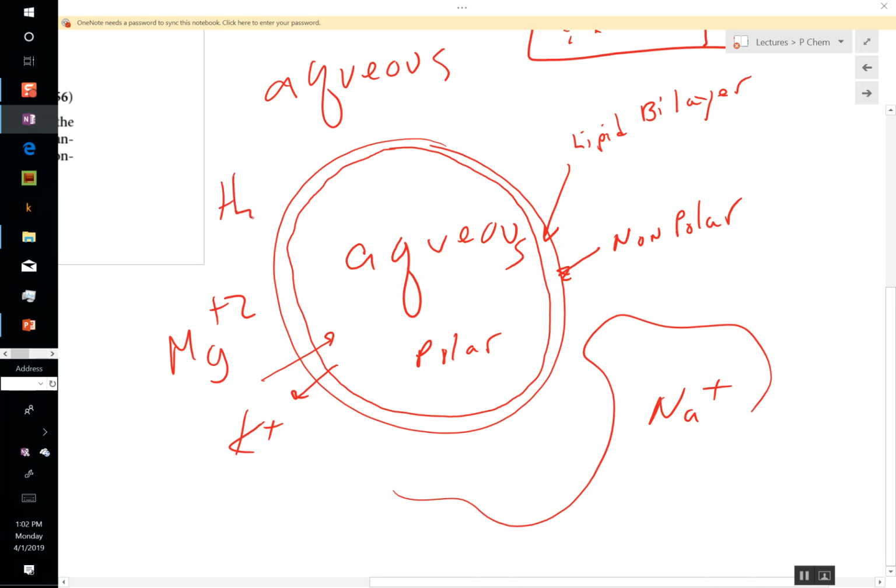Water can get through here pretty reasonably, or there's ways for the water to get in and out of there pretty easily, and everything else is a problem. So what you want is, let me look at the terms.